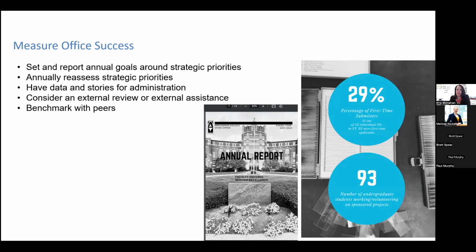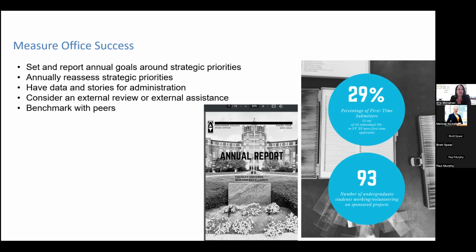It's really important that we measure an office's success. You'll see, I put together an annual report every year. I set goals. I make sure that my goals for my office are set in advance. I keep myself accountable. I provide this data in a nice little pretty format so that administration can see what kind of impact we're having.